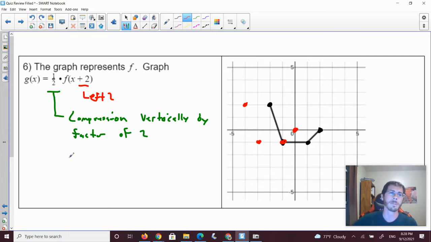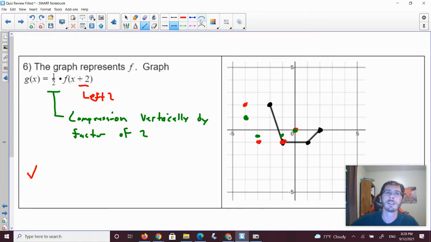So I did the red part. I did the left 2. Now I need to do the compression vertically by a factor of 2. Again, that's the same thing as saying we're going to divide all of our y coordinates by 2. So from 0 to 2, half of that is 1. From 0 to 1, half that is a half. From 0 to -1, half that's negative a half. And 0 to 0, half of 0 is 0.